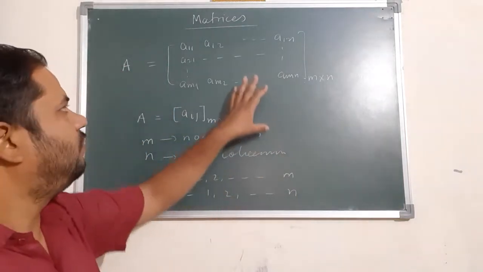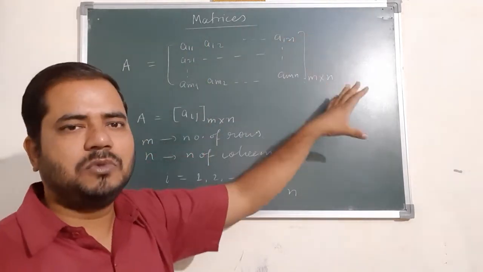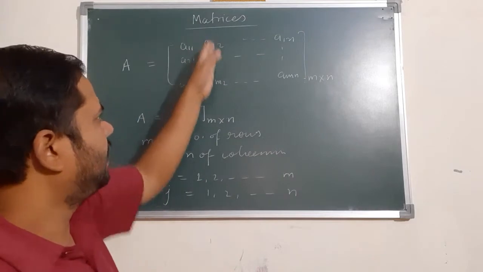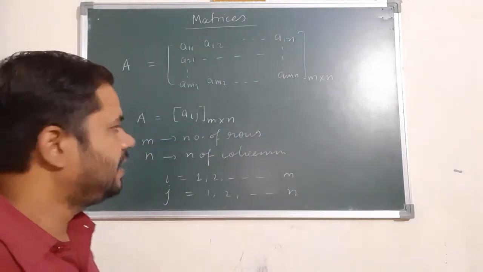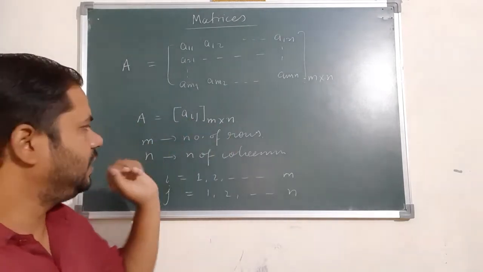This is the whole about the matrix. A matrix is nothing but a rectangular arrangement of m rows and n columns. These are m rows and these are n columns. If we represent it in notational form, Aij, m cross n.